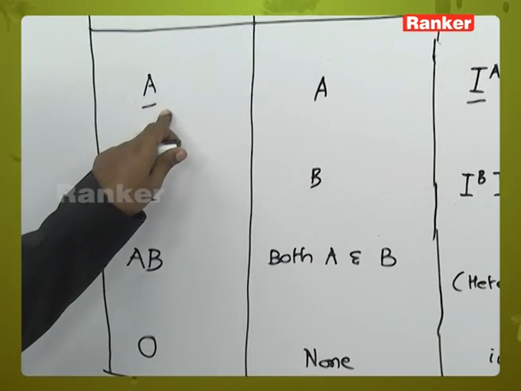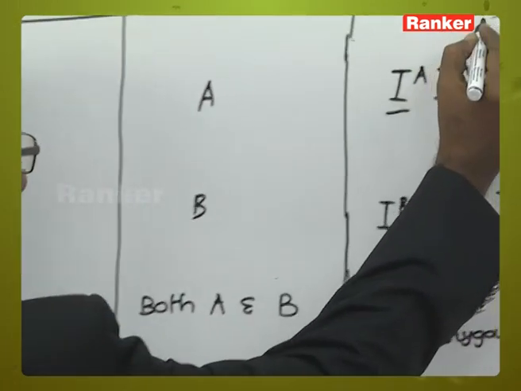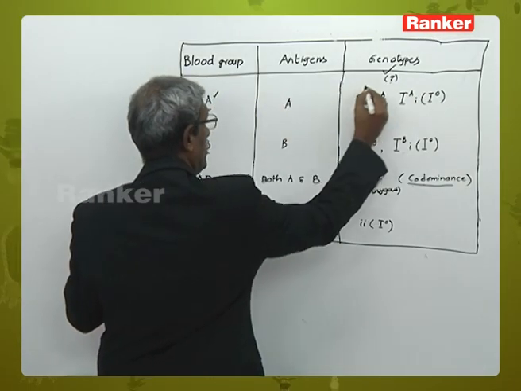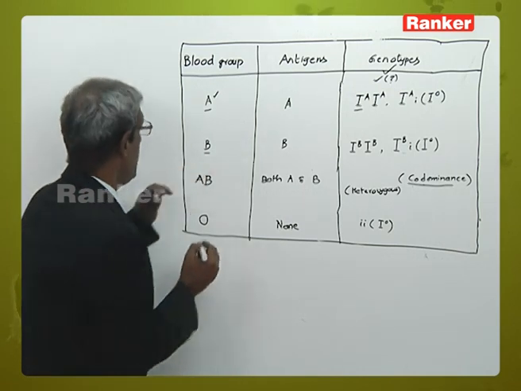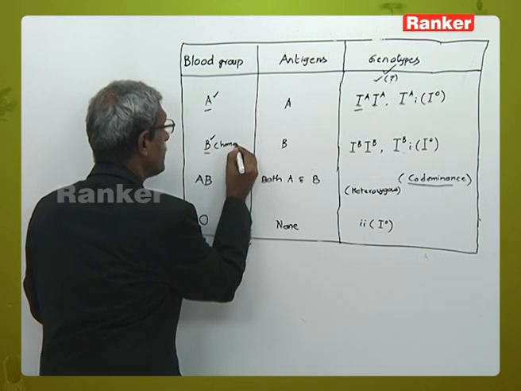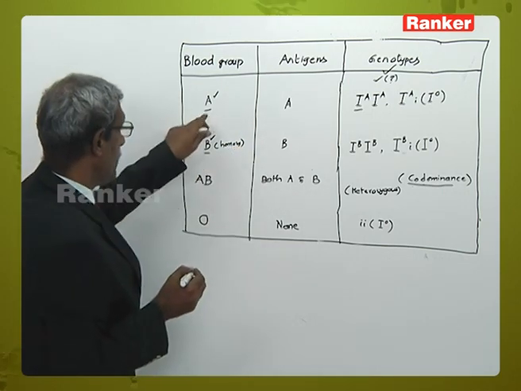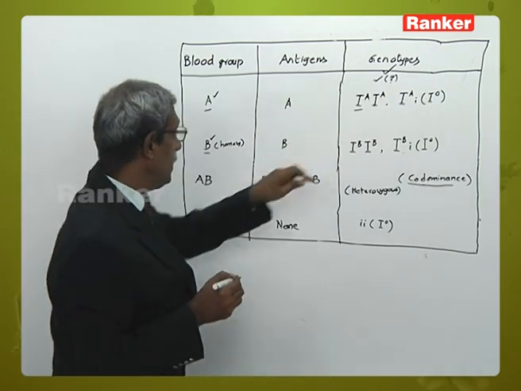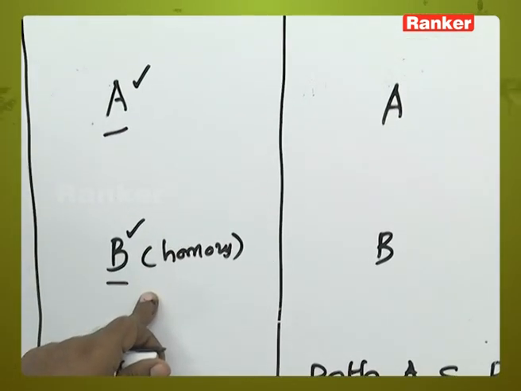The father has blood group A, but the genotype is not known. The mother is B and the mother is homozygous. So given these situations, with A of unknown genotype in the father and B homozygous in the mother, the question asks what is the blood group of the progeny?